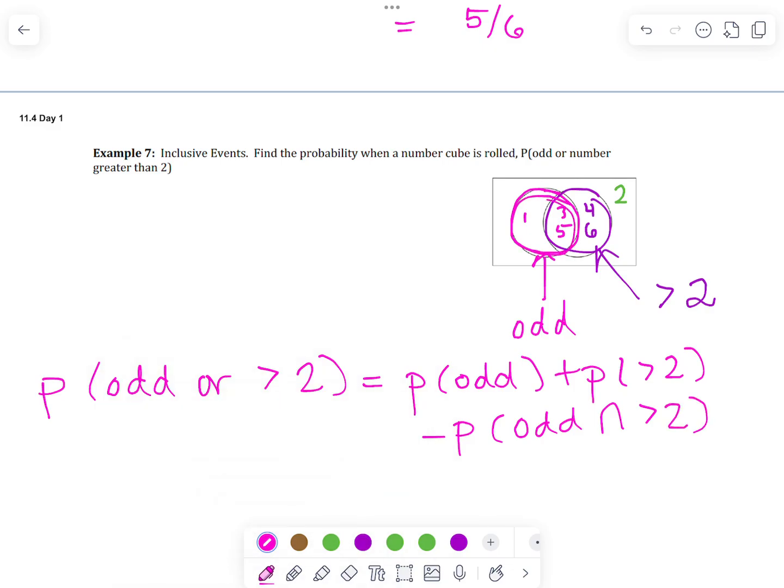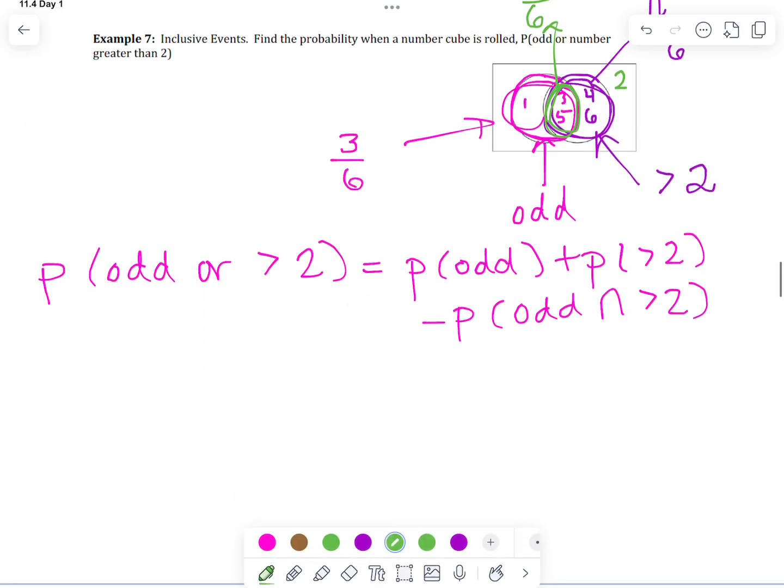So our first circle has a 3 out of 6 probability. Our purple circle has 4 out of 6. And then the overlap, the intersection, is 2 out of 6. So we go ahead and substitute those fractions in.